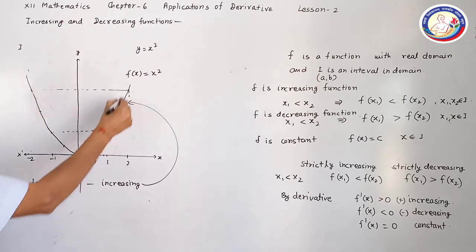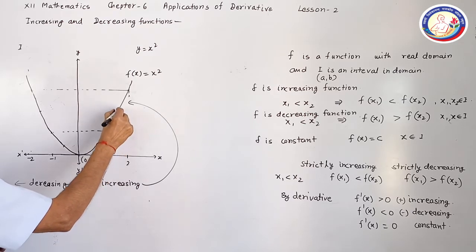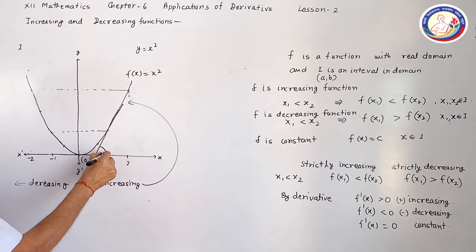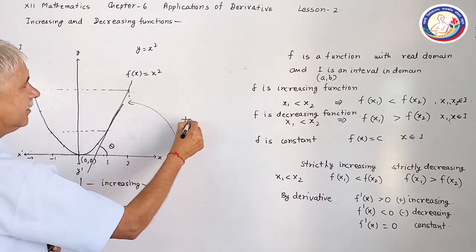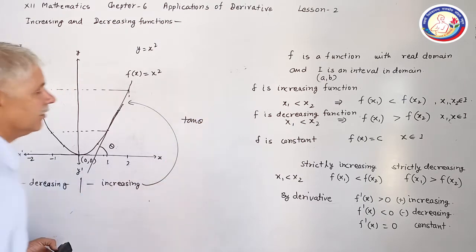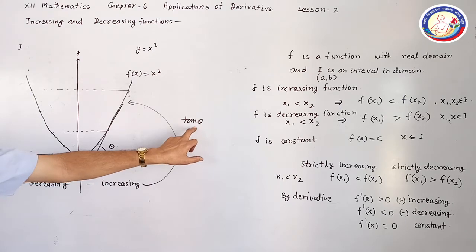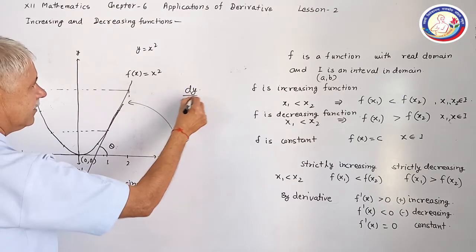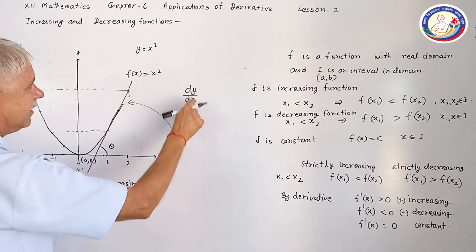Now, if we draw a tangent here, at any point, and it makes an angle theta with the positive side of x-axis, then tangent theta is positive. The slope of tangent is determined by derivative of y with respect to x at any point.